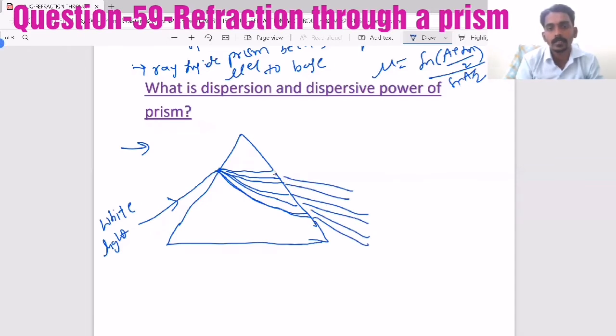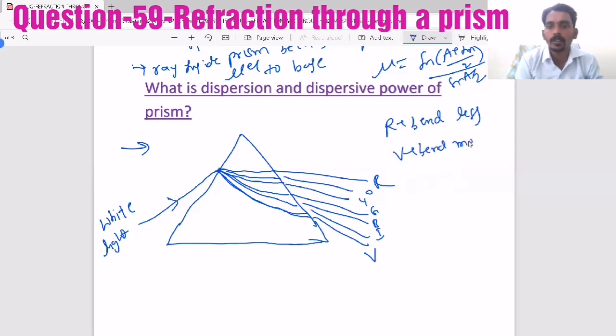It will be like V, B, G, Y, O, R. The red light will bend less and violet will bend more.